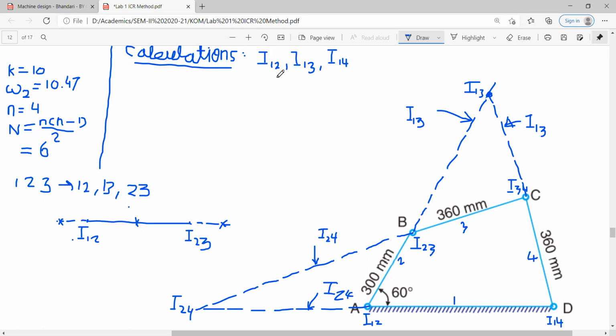You can say that this is the center of rotation of link 2. Link 2 का जो center of rotation है वो I12 है with respect to fixed link 1. Similarly, center of rotation of link 3 is I13. Then center of rotation of link 4 is I14. Got it? Now we will use only a single formula, that is your velocity V is equal to R omega.